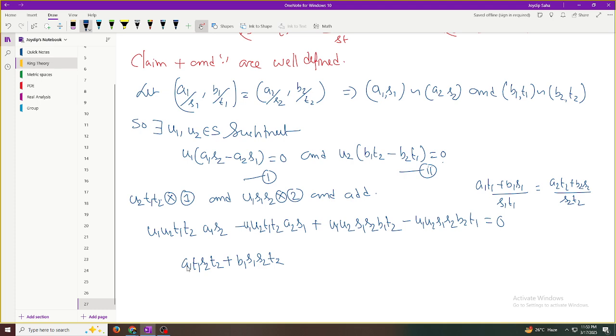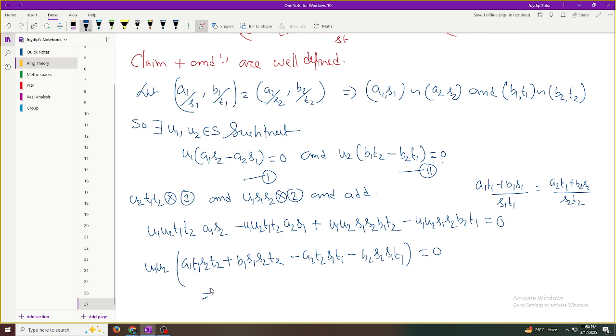The remaining part is u1 u2 t1 t2 s2 a1 and so on, minus a2 t2 s1 t1 minus b2 s2 s1 t1 equals 0.